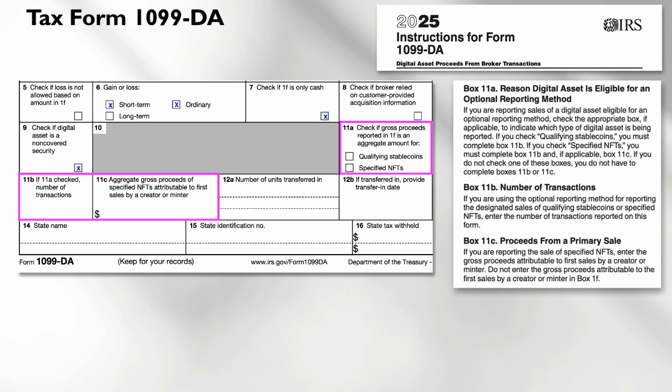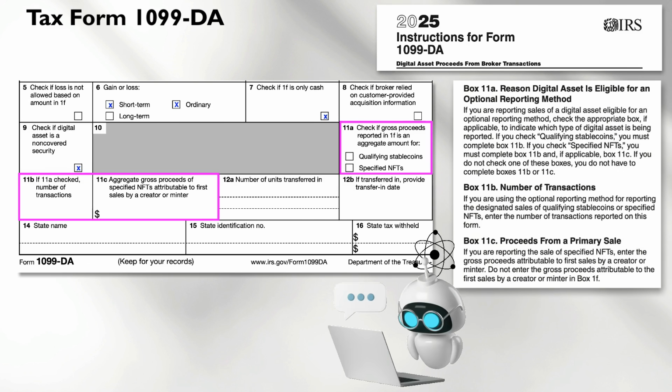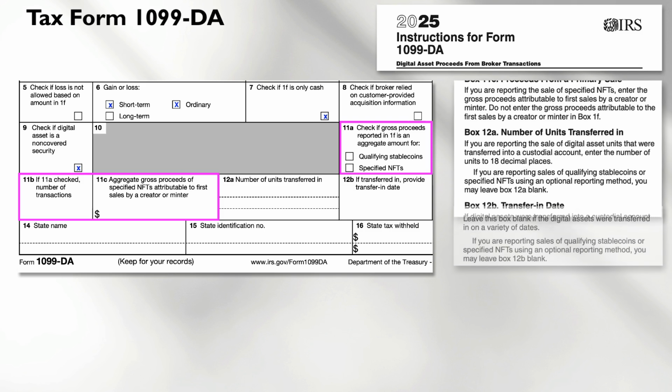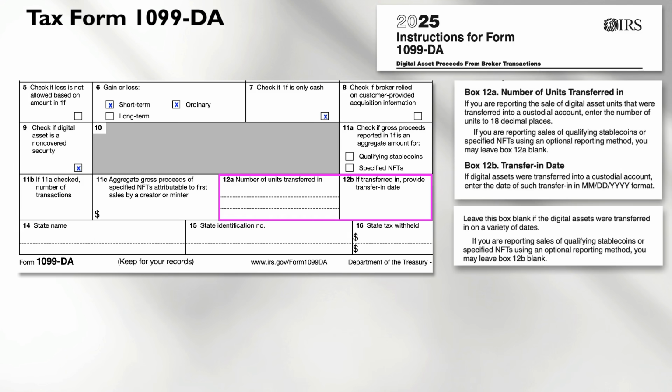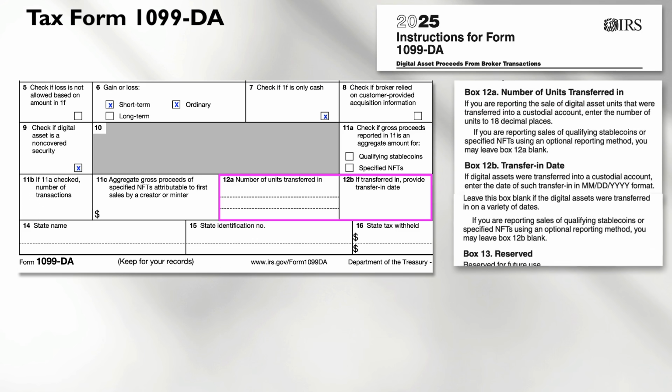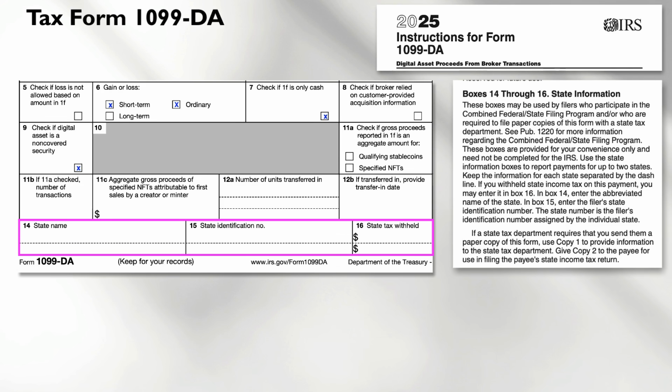Boxes 11A through 11C relate to more advanced topics involving stablecoins and NFTs. If digital assets were transferred into your account and later sold, the number of units transferred and the transfer date would appear in boxes 12A and 12B. Boxes 14 through 16 contain state tax information, which will probably be left blank unless state tax was withheld.